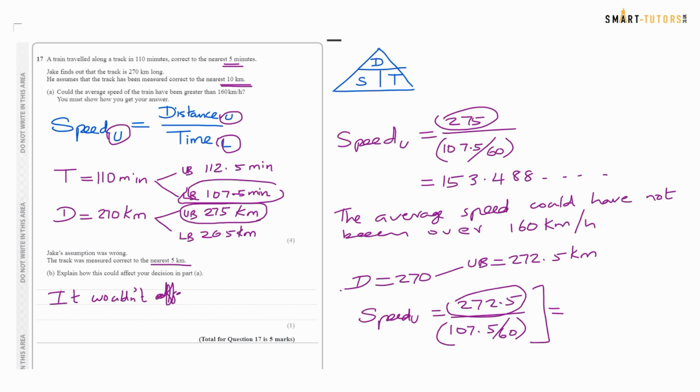From that we can imagine the speed is going to be a lower answer. So you can write the answer, explain how this could affect your decision in part A. So it wouldn't affect the answer.